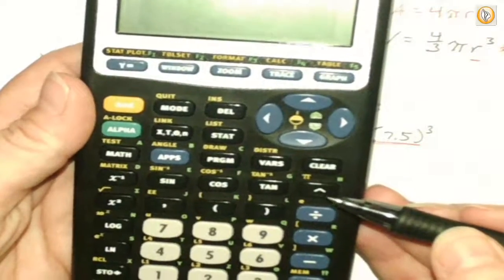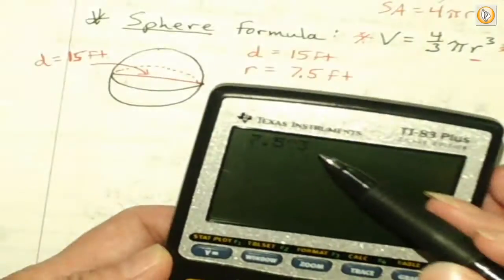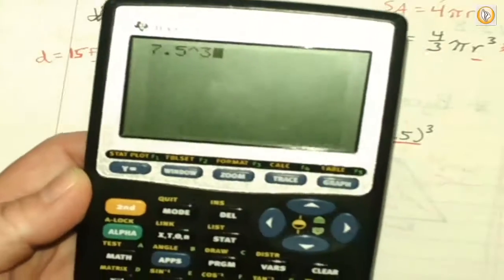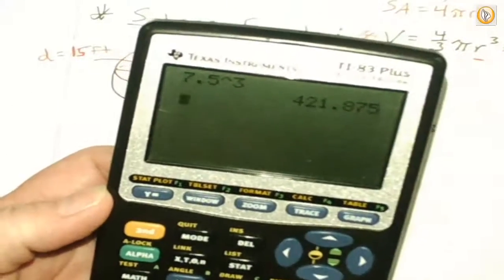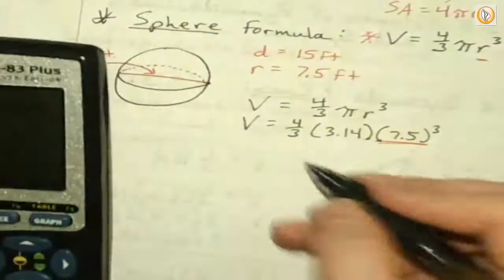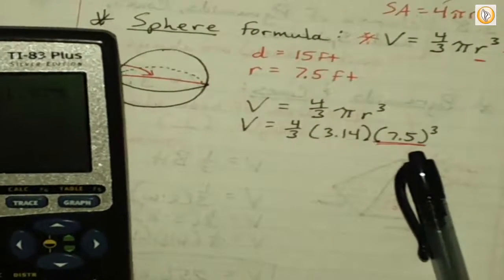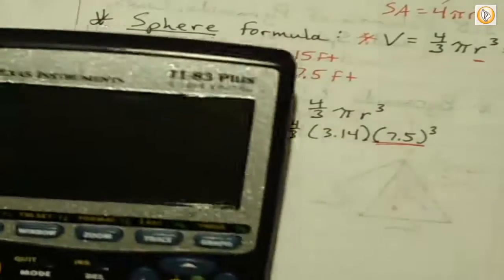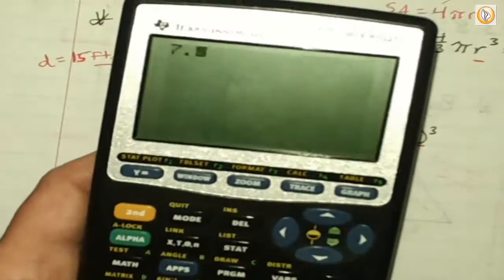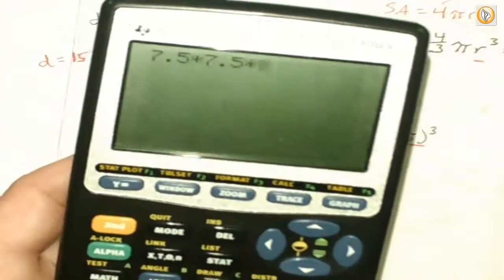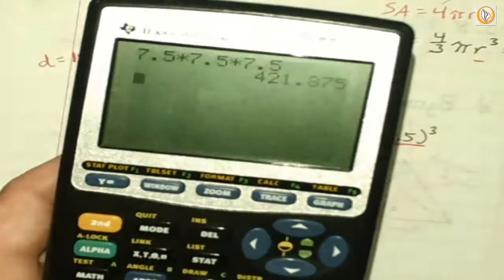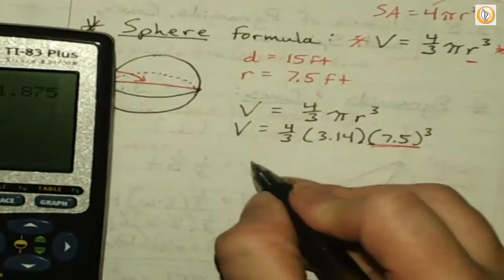So 7.5, use the little caret, the little arrow, and then you put in whatever the exponent is, and then you hit enter. And you get that number. If you're doing the regular calculator, you can just do 7.5 times 7.5 times 7.5, and it'll get the same answer.